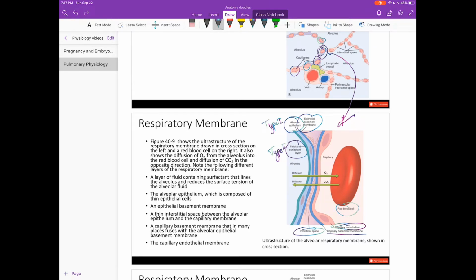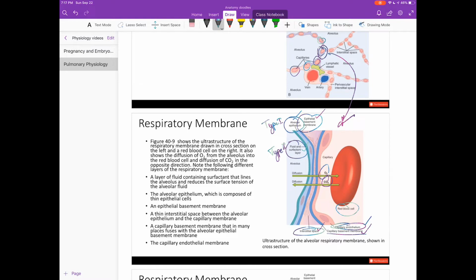So that respiratory membrane is actually comprised of 1, 2, 3, 4, 5, 6 very, very thin layers. And it's an important membrane. It is the membrane that allows the diffusion of oxygen and carbon dioxide across it.